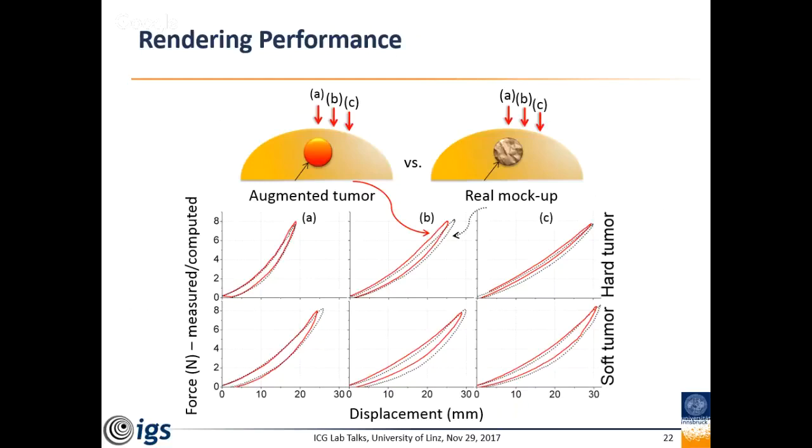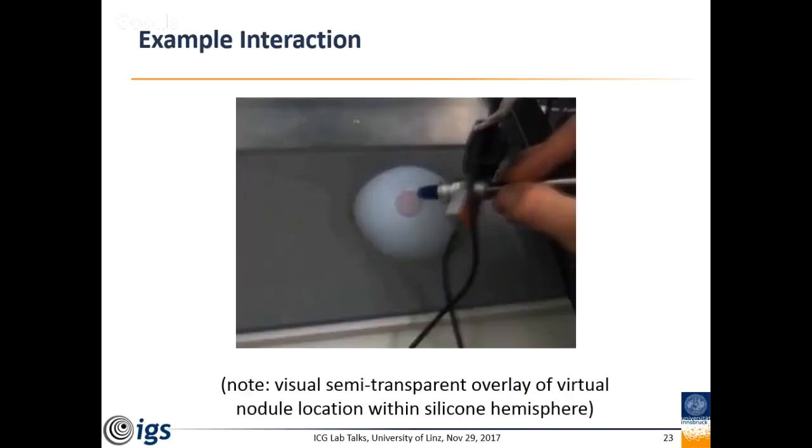The nice thing is that with this model we can do it fast, so we don't have to solve a finite element simulation, for instance, in real time. Again, a video, because you can't touch it yourself. Here you can see the blue spherical object underneath this silicon hemisphere.